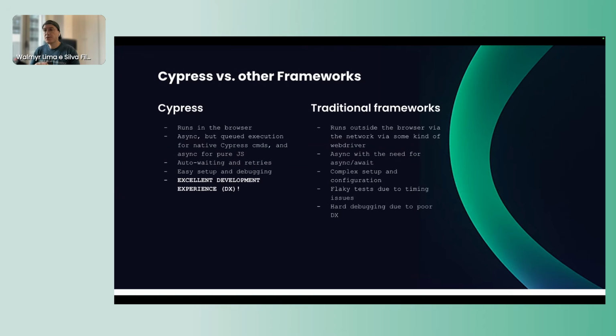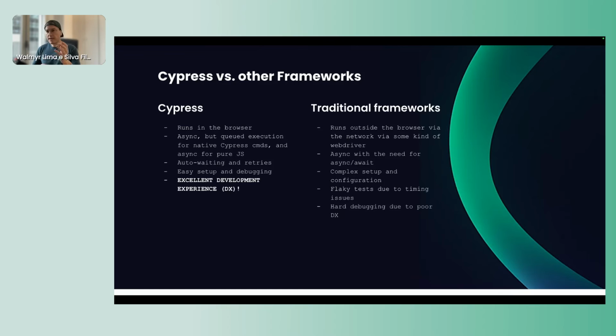There is one point that is very important when we compare Cypress to other frameworks, which is although Cypress uses JavaScript in the background, and so it's asynchronous, you write the code as if it was synchronous because Cypress has a mechanism where it queues the execution of the native Cypress commands.